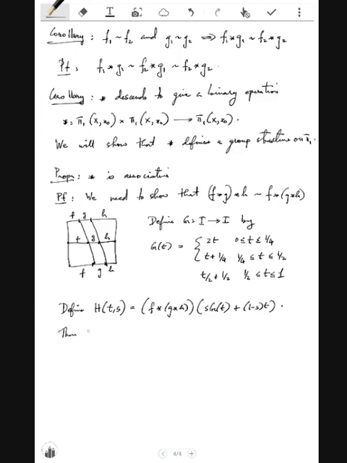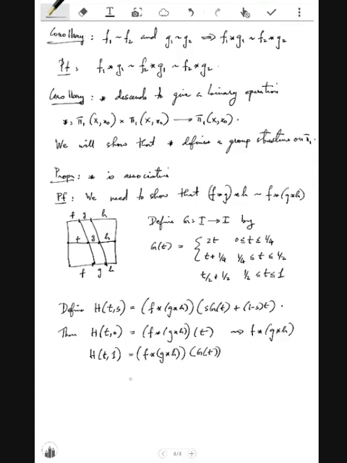So then H of t comma 0 is f of t. So this is just f star g star h. H of t comma 1 is f of g of t, and one can check that this is equal to f star g star h.